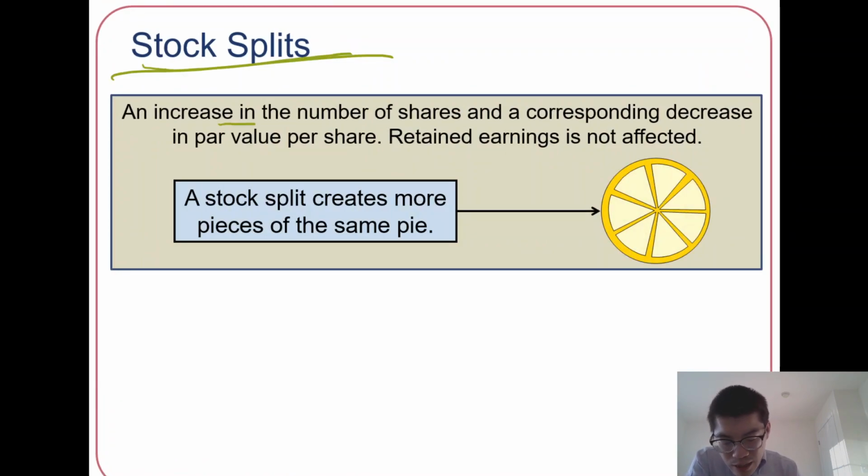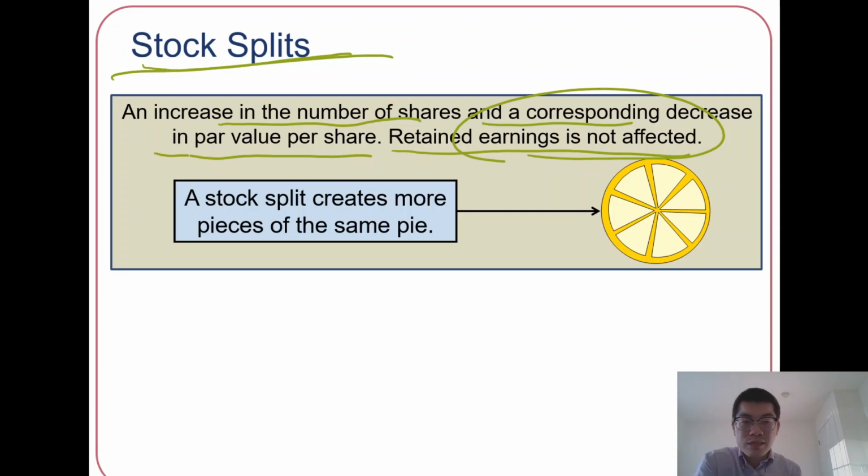A stock split is an increase in the number of shares and a corresponding decrease in par value per share; retained earnings is not affected. So what are stock splits? Take a company like Coca-Cola, which has been running for many years and on the stock market for almost 100 years. If they don't split their stock, the stock price is always going to be increasing.